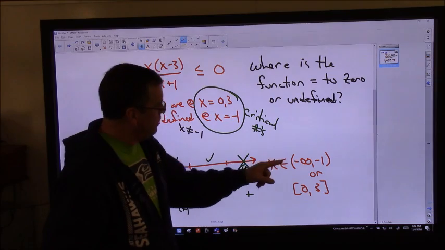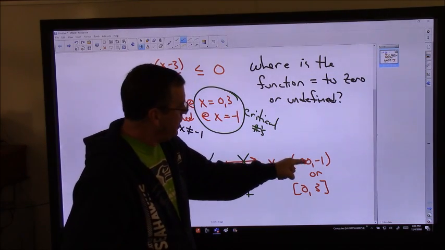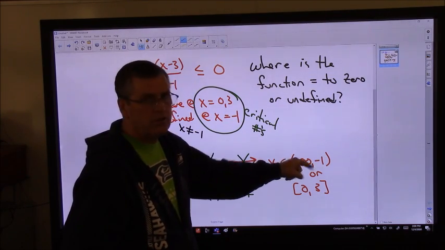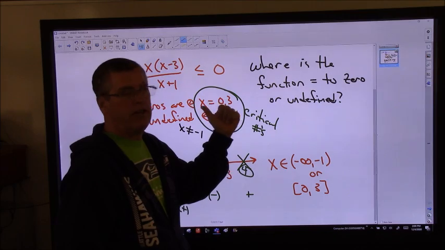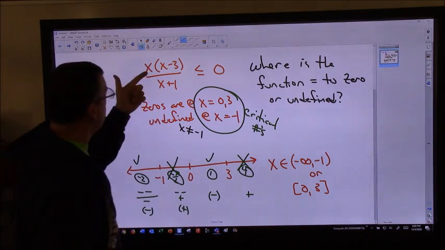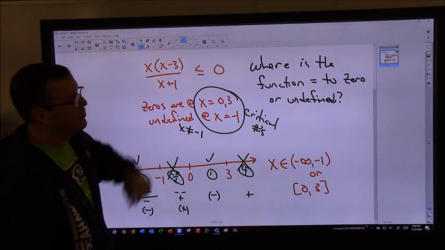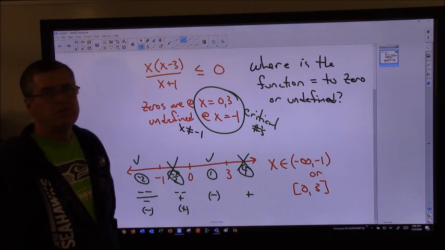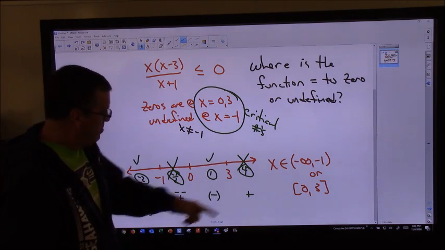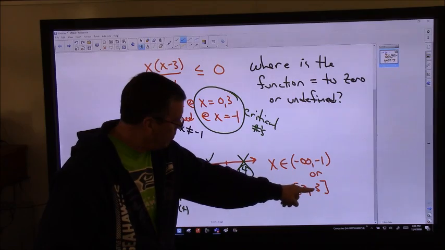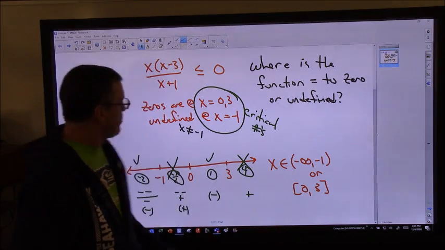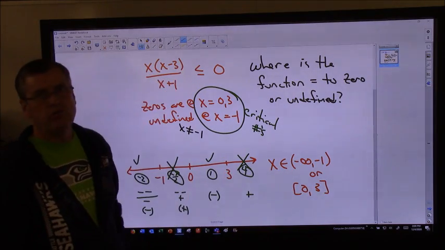What I'm saying here is if you pick any negative number to the left of -1, so smaller than -1, and you plug it in here, you're going to get a true statement. You get an answer that is less than or equal to 0. If I pick any number between 0 and 3, I'm going to get an answer less than or equal to 0.